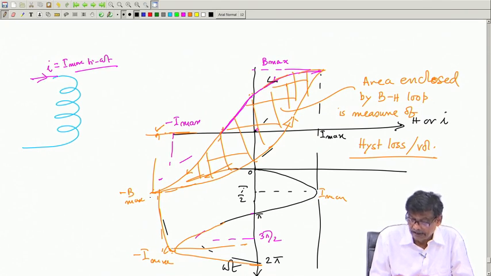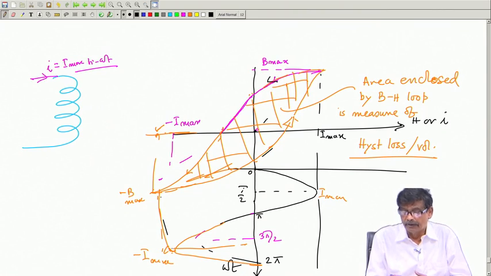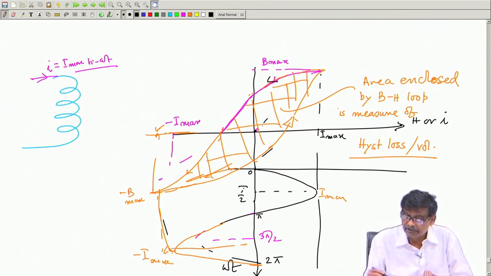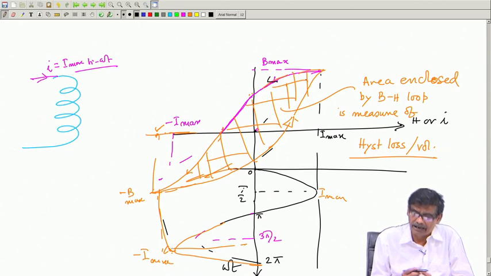If your core was initially unmagnetized, except for the quarter of the first cycle, it will do like this. That portion need not be taken into account.